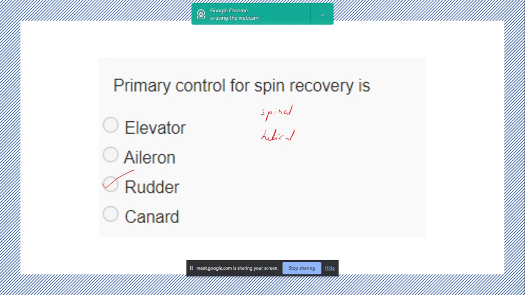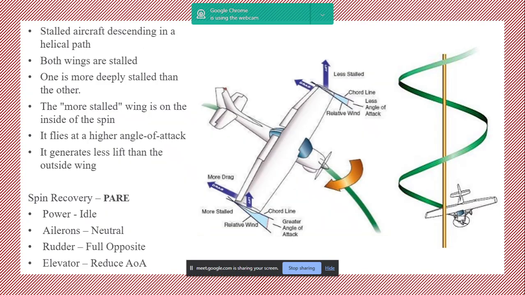I had mentioned that the spin is a kind of a stall. So can you take a hint from that and try to tell me how spin occurs? It's a kind of stall. Okay, let me try to explain it. Spin occurs only in a stalled aircraft.